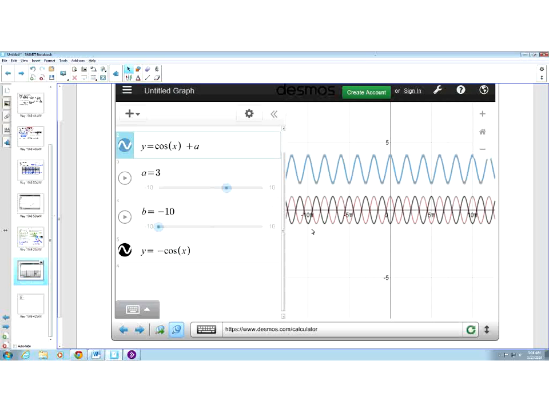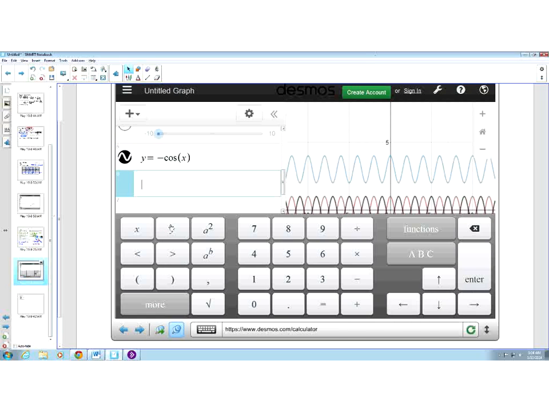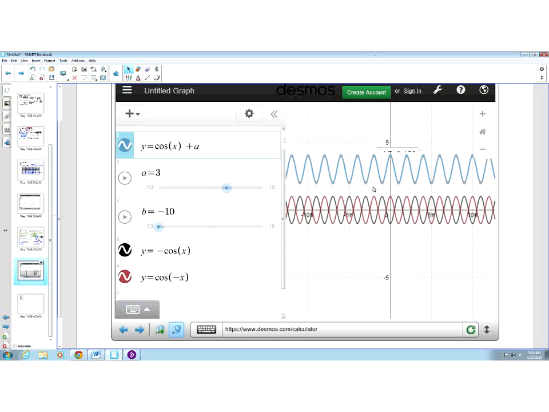Okay, I'm sorry, this would be reflection about the x-axis. So how about if we take the inputs now, and we multiply the inputs by -1. What is the effect here?